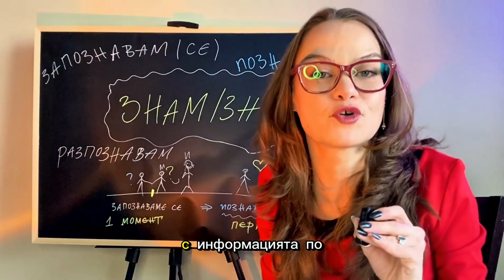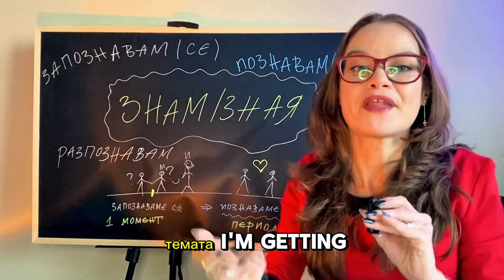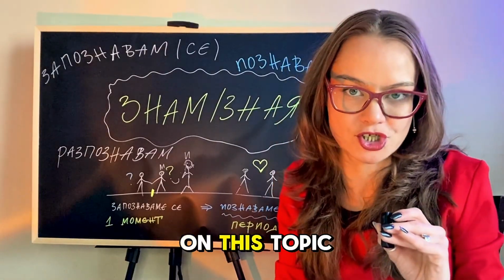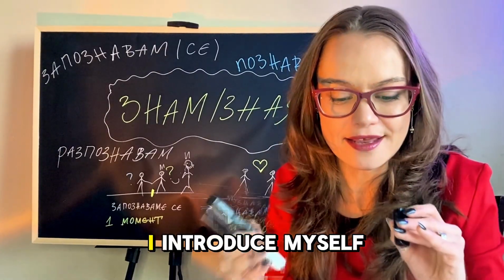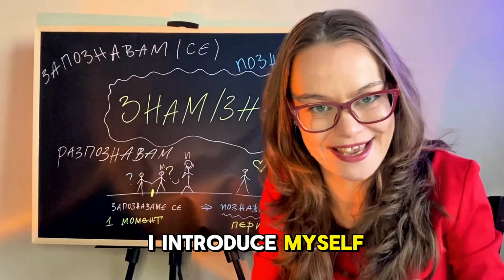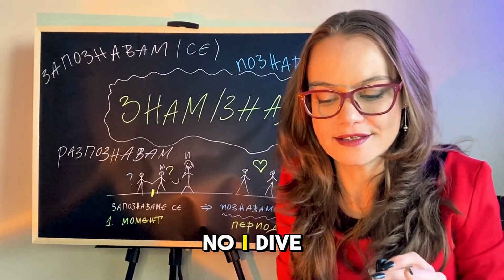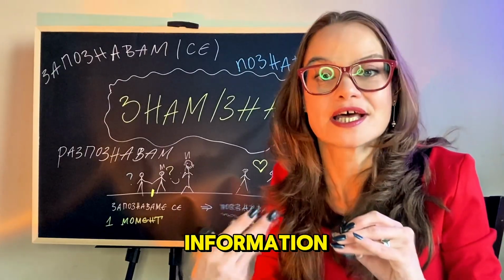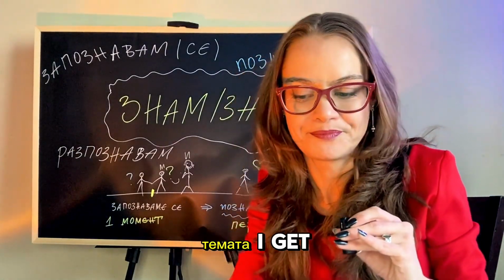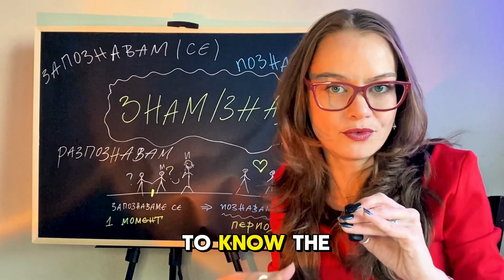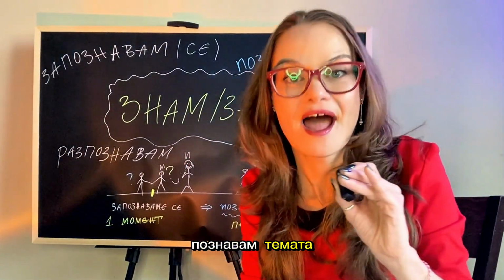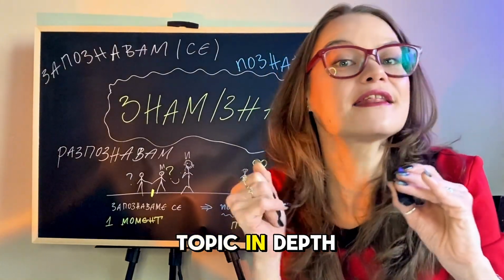Запознавам се с информацията по темата. I'm getting acquainted with the information on this topic. I introduce myself. No. I dive deeper into some information. Запознавам се с темата. I get to know the topic. Познавам темата. I know the topic in depth.